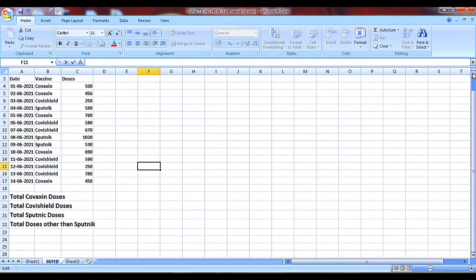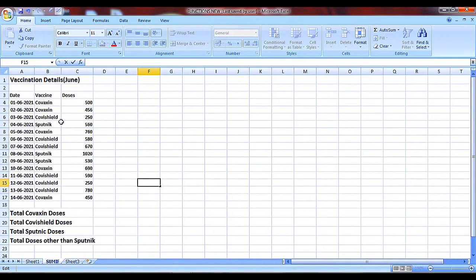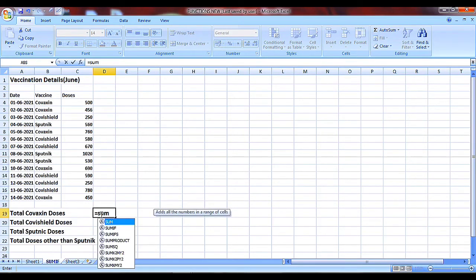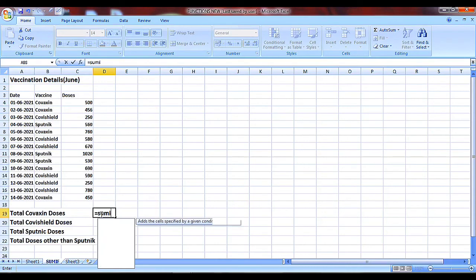Here I have data regarding vaccination details from June 1st to June 14th. To find total Covaxin doses, I can write the SUMIF function like this: SUMIF. Here range is the range to be evaluated by the criteria.